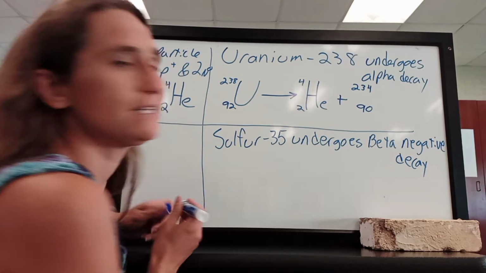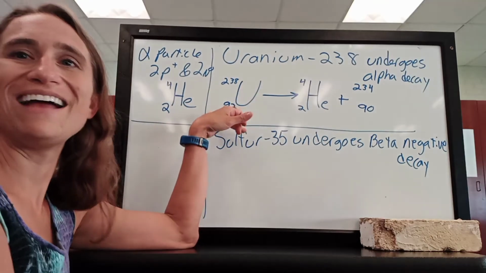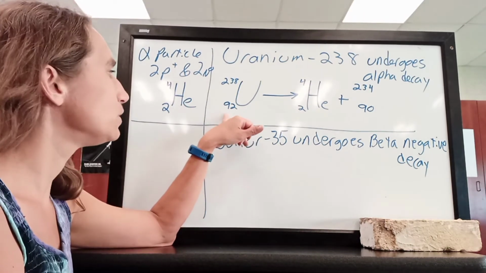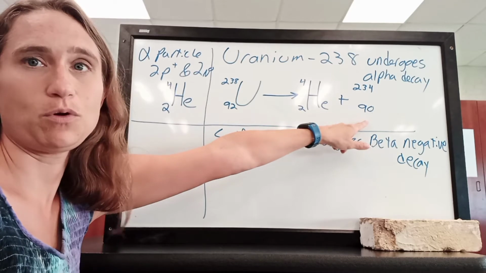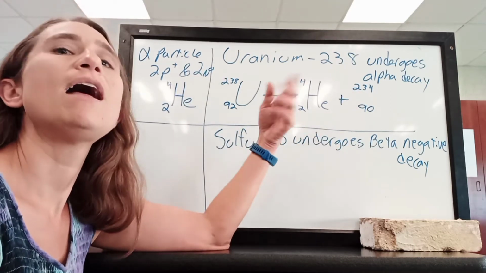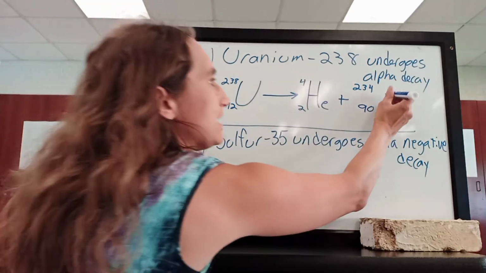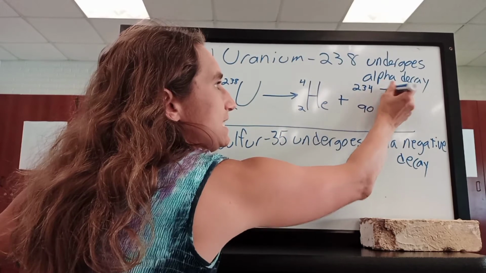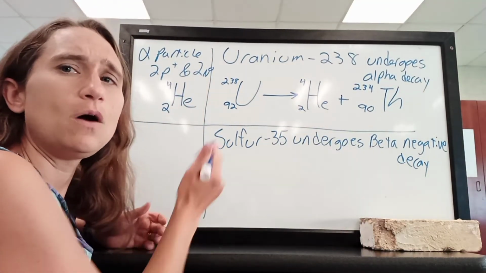Is this still an atom of uranium? It is not, because all uranium atoms have 92 protons in them. Now it only has 90 protons in it. So what is this? You get out a periodic table and you look up what would have 90 protons, and it will tell you the answer is thorium, which is Th.